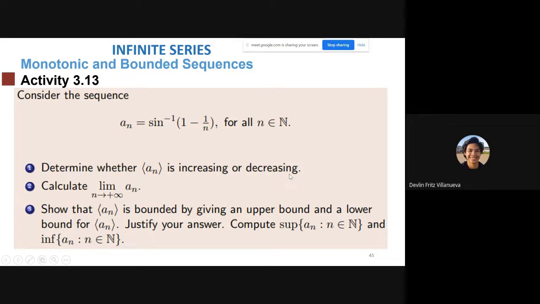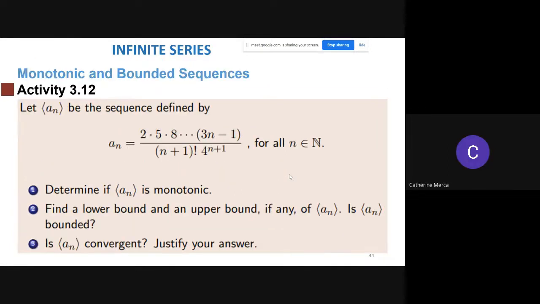Ma'am, in 3.12? Activity 3.12, yes. The 2 times 5 times 8 is multiplied by 3n minus 1, ma'am. So your first term, the a sub 1, is 2, which is 3 times 1 minus 1.